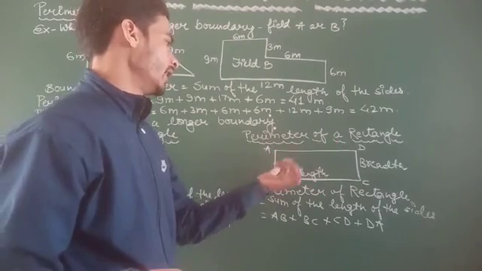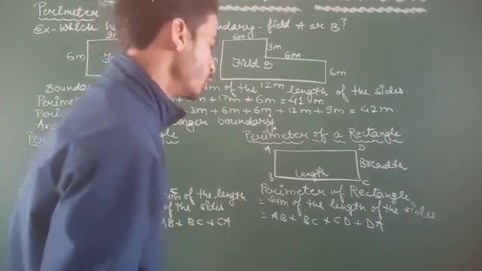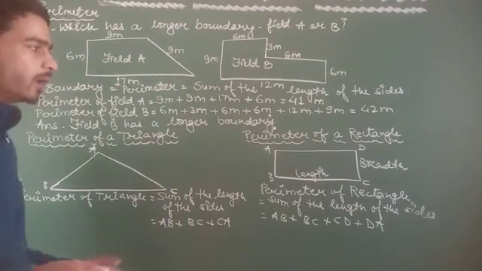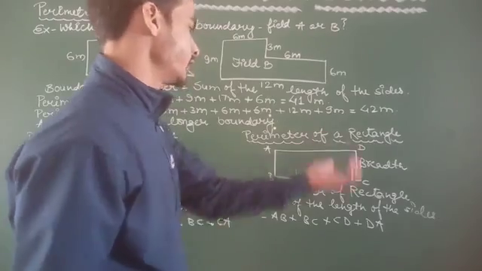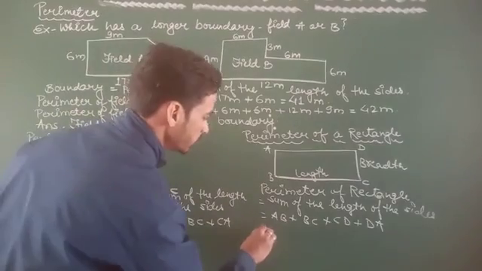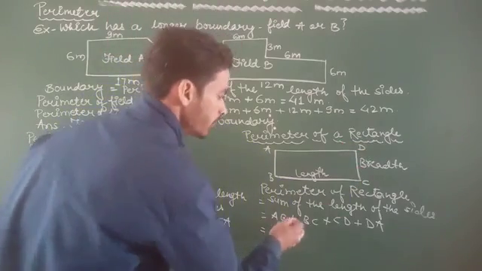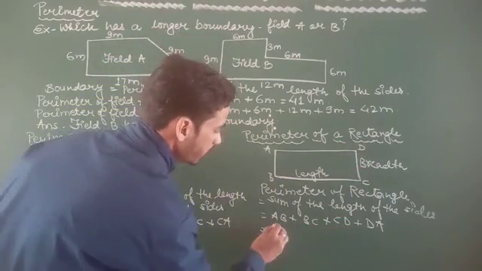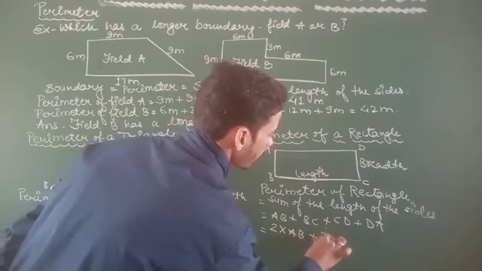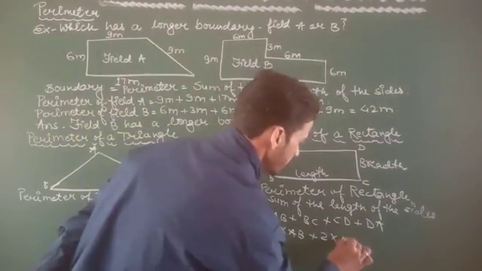So we can say that AB is equal to CD and BC is equal to DA. So that is 2 times AB plus 2 times BC.